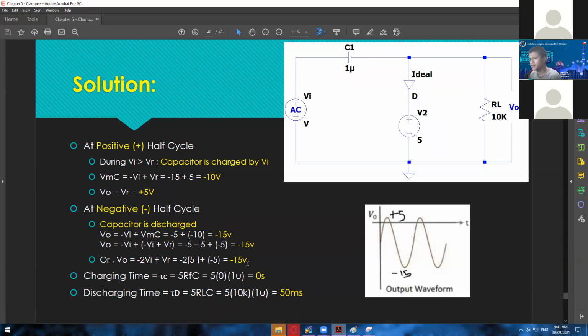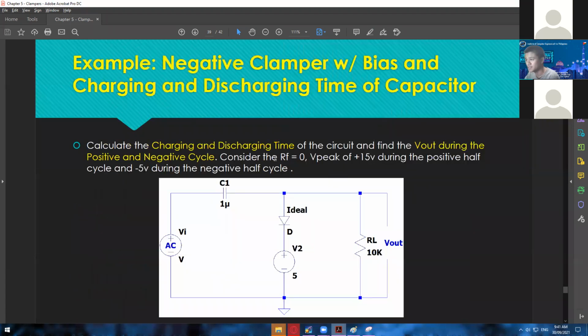And for the charging time and discharging time, you'll not have a problem with this one, since everything is already given, then all you need to do is compute that one. Compute for the charging time and then the discharging time. So 5 times RF is 0, since it's indicated right here that RF is equal to 0.